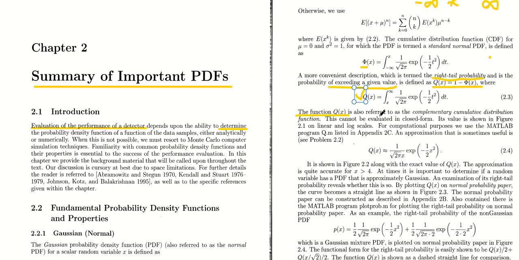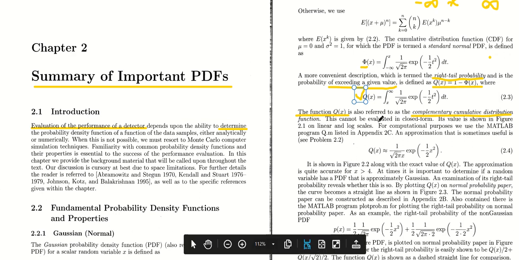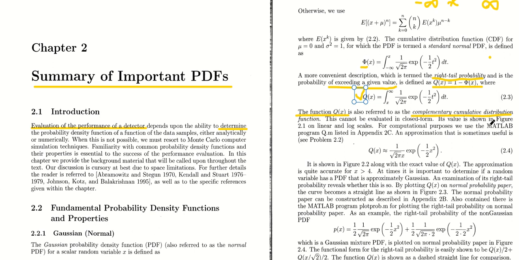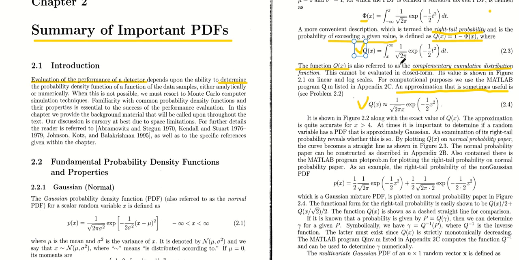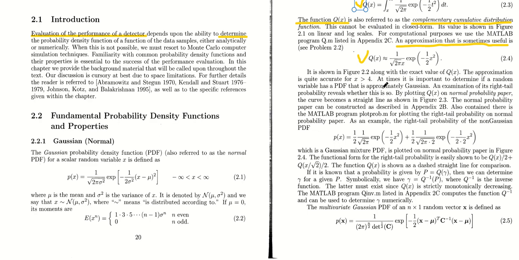The function Q is referred to as a complementary cumulative distribution function, complementary CDF. This cannot be evaluated in closed form. Its value is shown in a figure on the next page, and an approximation that is useful is also given. So this is the common approximation.